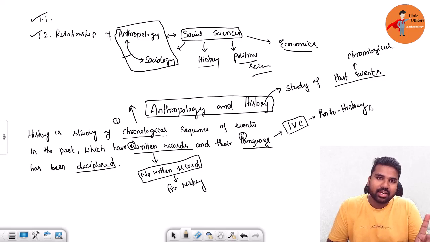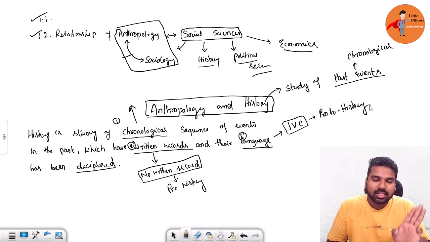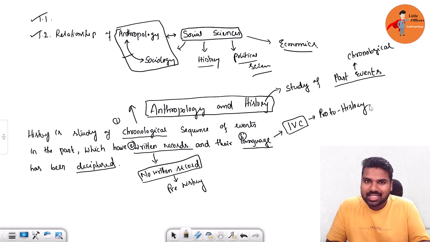That is the difference why we distinguish history with these three terms. It should have chronological events because it is also a systematic science. Second, it should have written records. And third, the language should have been deciphered. At one point of time, even Egyptian history was proto-history because the script was not deciphered. Later, we deciphered the script and started studying about it.